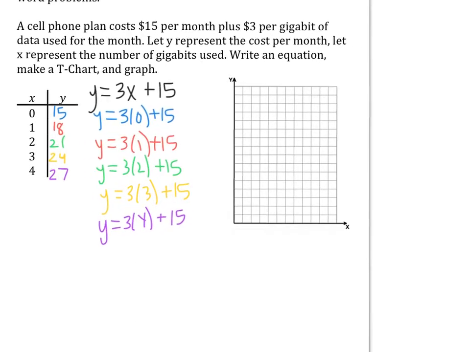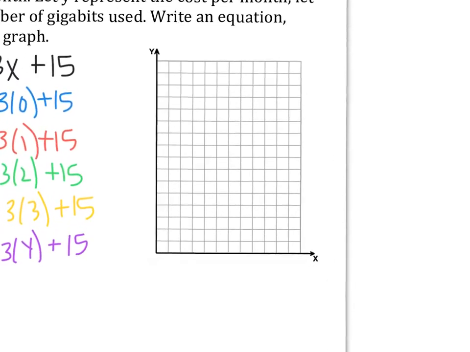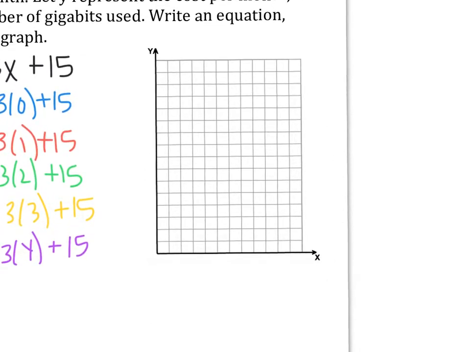Okay, so first we need to label our axes, the x-axis and the y-axis. On the x-axis is the number of gigabytes that are used, right? That can change. That's what we could have plugged in for x, any number of gigabytes that were used. So number of gigabytes used.